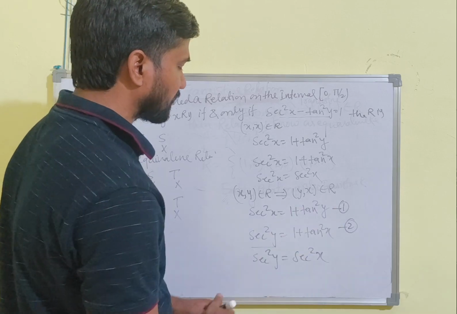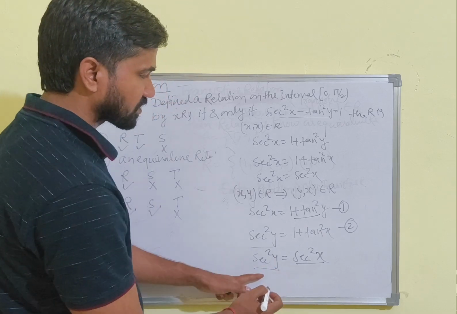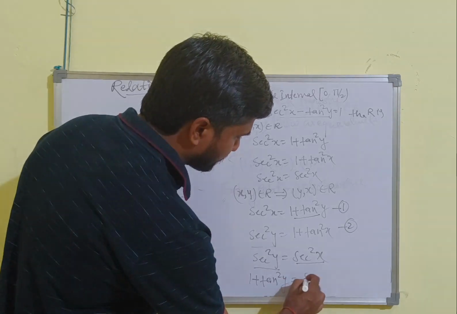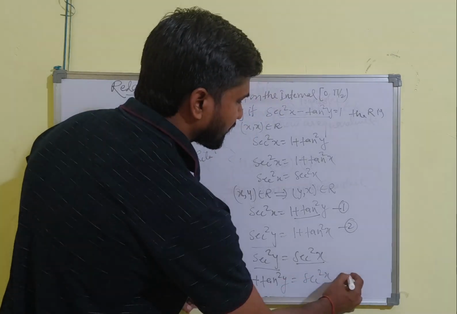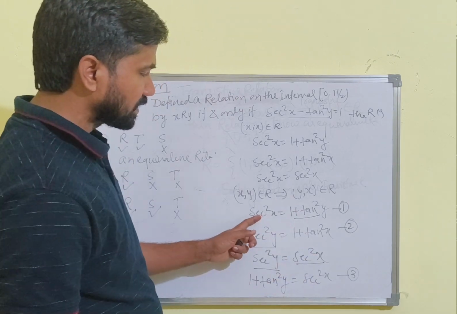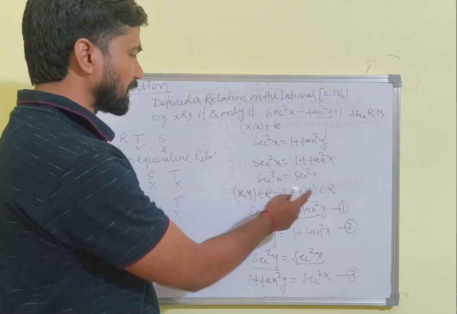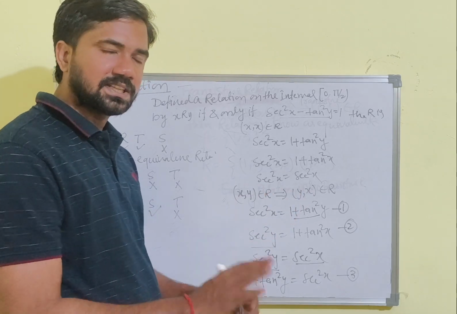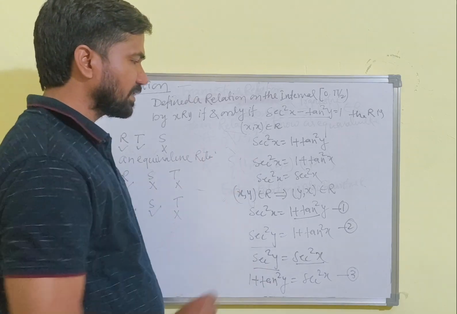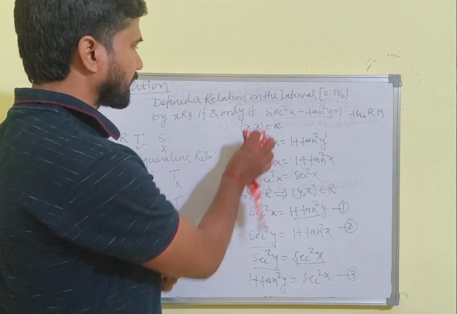From equation first, sec square x equal to 1 plus tan square y, and sec square y equal to 1 plus tan square y, that is equal to sec square x. This is the equation third. From equations first and third, both are equal to sec square x. So we can say if you replace x with y or y with x, nothing is changed. Means it is symmetric as well. So it is reflexive and symmetric as well. Now we are going to check whether it is transitive or not.